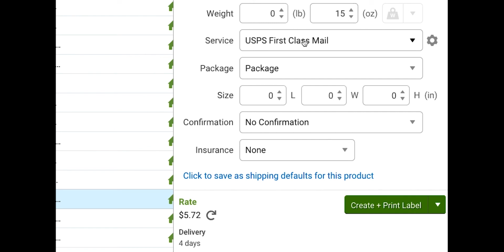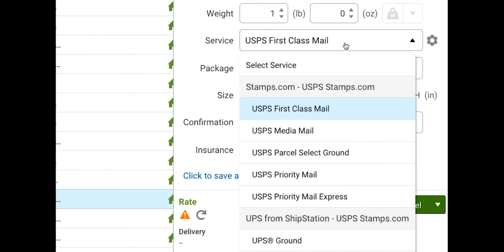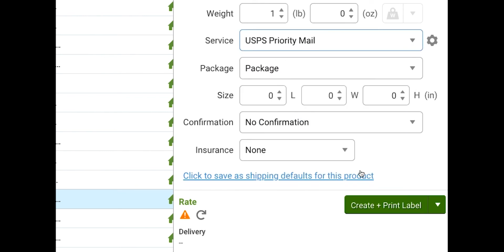So now if I want to ship the same package and I put a little bit more packaging and it's a pound. It's just 1 ounce difference, 16 to 15 ounces. Now I can't use this service anymore because I'm at a pound. I have to use priority mail. So now instead of paying my $5 for shipping, I'm paying $8.63. That's how much less money I'm making because I put a little bit more packaging and went over that 15.